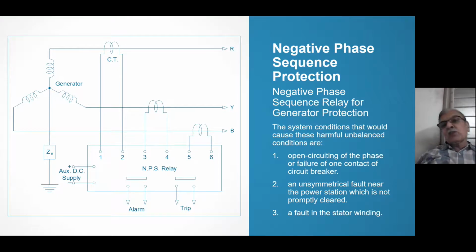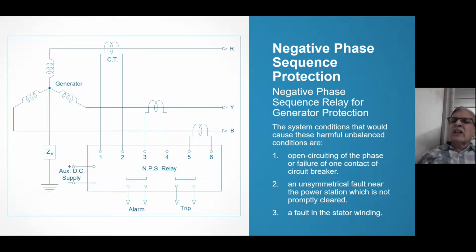And negative phase sequence protection is time delayed, because with negative phase sequence, heat is produced, I2 square RT. And because it is a function of time, we can wait for some time till just before the generator is damaged; we have to take action then.